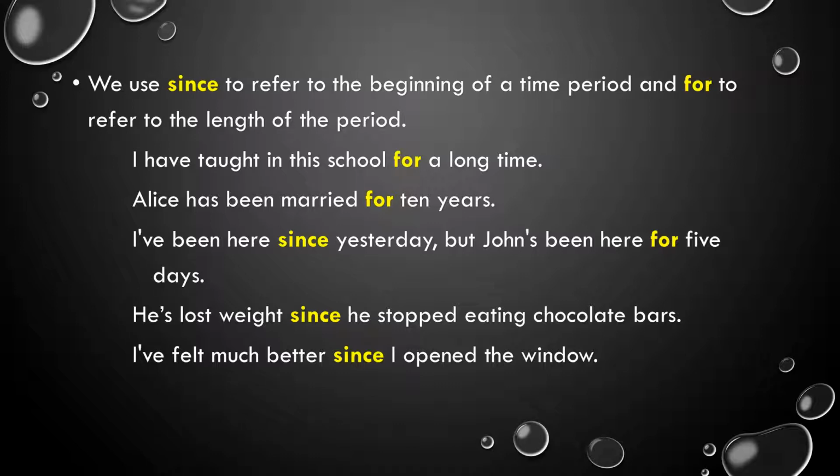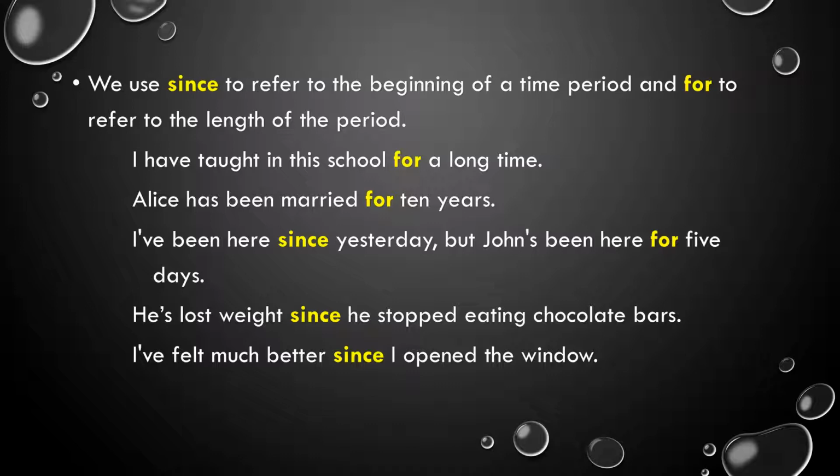You know the length of the period, you know the duration of the action, but the starting point of the action is not specified here. Alice has been married for 10 years. Again, in this example, the starting point of the action is not specified. You are only given the length of the period, which is 10 years.